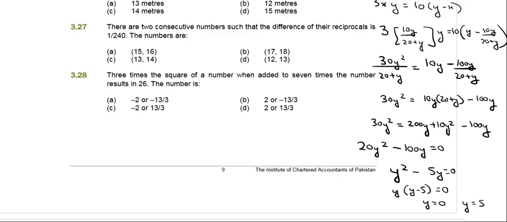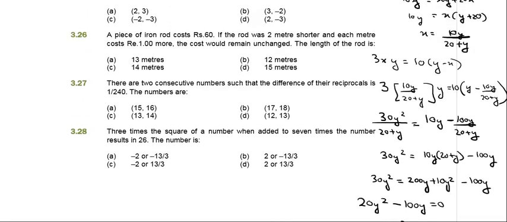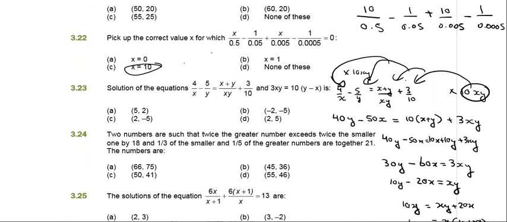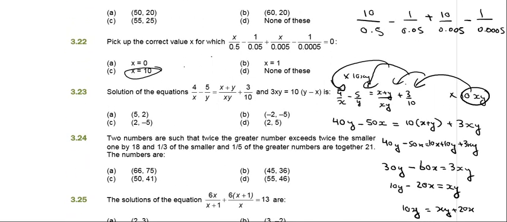We have two values of y. Now if we check the answers to our question, there is only one answer, which is the y value of 5. Therefore D should be our answer. Now let's just compute x as well. We got y is equal to 5.